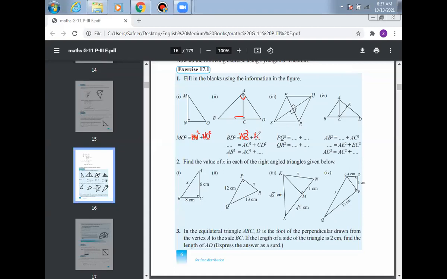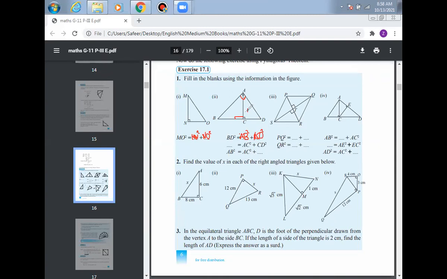So AD squared. AB squared plus AD squared. Then when you take the second part AC squared plus CD squared, that means they have used AC squared plus CD squared, this one.